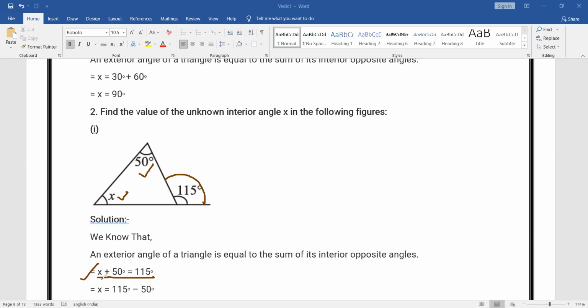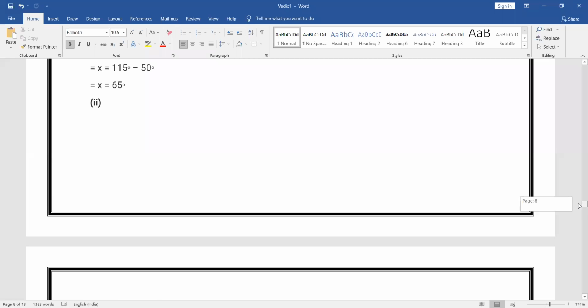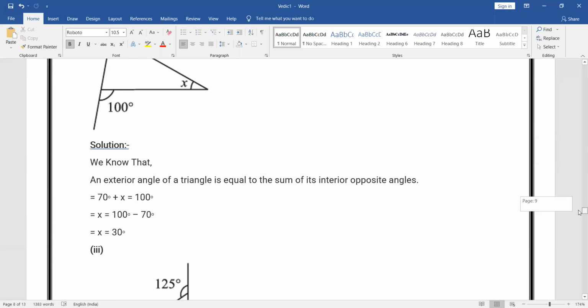So when you have to find the value of x, just see here, 50 will transpose to the right hand side, RHS, and its sign will be changed. So we will subtract 50 from 115 and we get our answer. Okay, we get our answer when we subtract them. So by subtracting one of the interior angles from the exterior one, we can find our answer.